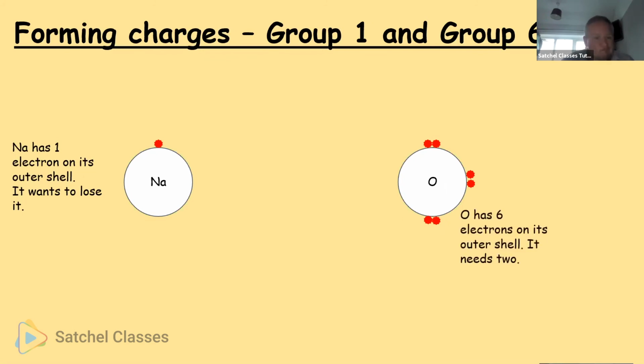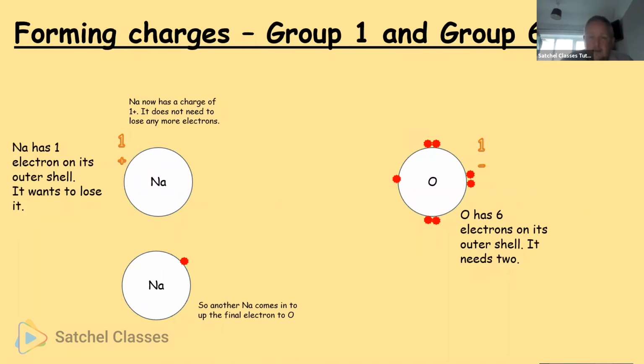So, sodium quite happily gives up that electron to become a sodium 1+ ion, and oxygen becomes a 1- ion. But oxygen still needs 1 electron from somewhere. It's not happy, it won't stop there. Sodium's got nothing left to give. So another sodium now comes along with an outer shell electron that it needs to lose, and it will give it up.